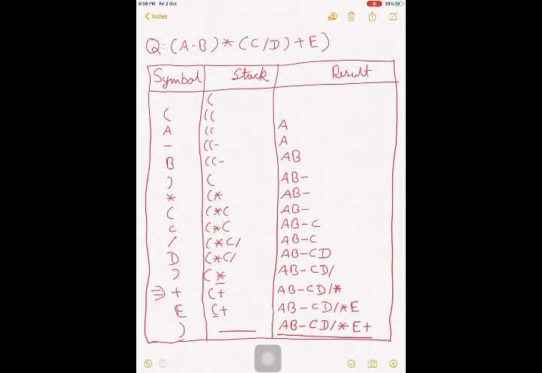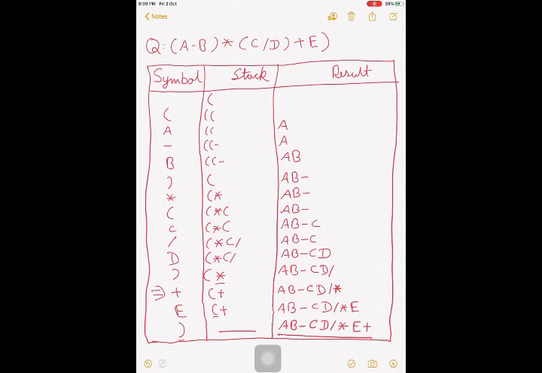This situation is very important. Most of the errors occur at this position. What students generally do is push plus along with the multiplication onto the stack and do not pop that multiplication operator to the result. So their complete question becomes wrong.